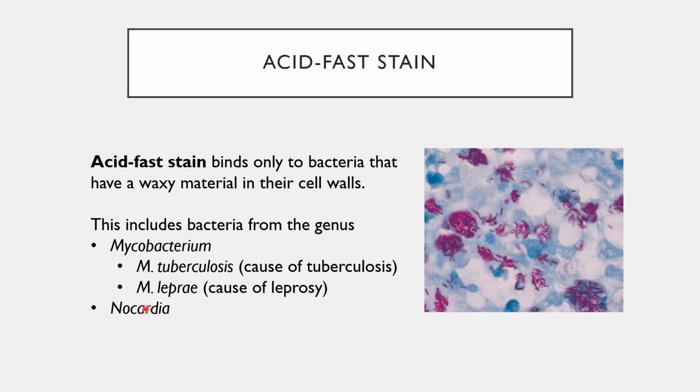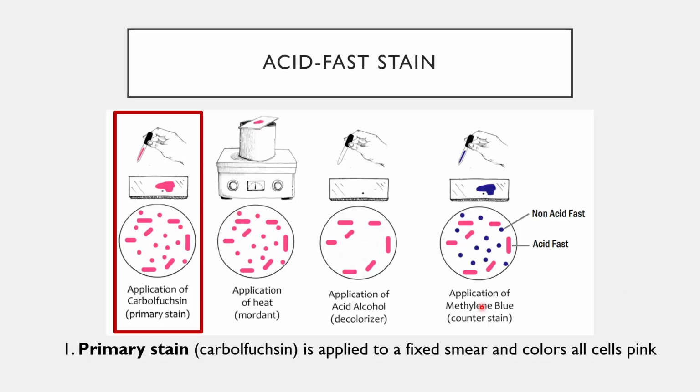So being a differential stain, the acid-fast stain again consists of 4 steps. The primary stain in this case is not crystal violet like it was in the Gram stain. Instead, it's a chemical compound called carbol fuchsin. It is applied to a fixed bacterial smear to color all of the cells pink.